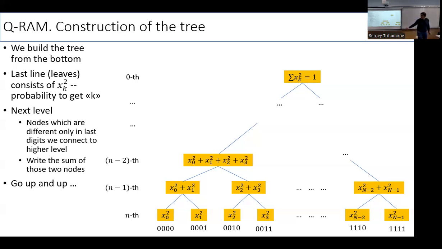And so on, we go one level up, until we reach the top, and the top would be the sum of the squares of all values, which is equal to 1. Then we have this tree, and it will be important in the scheme to upload the numbers, to construct the state.